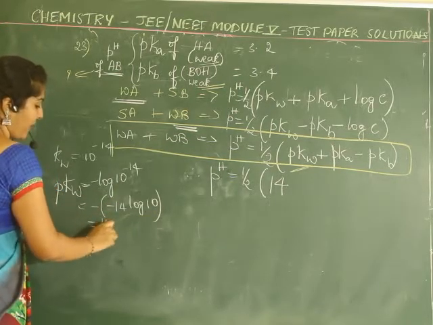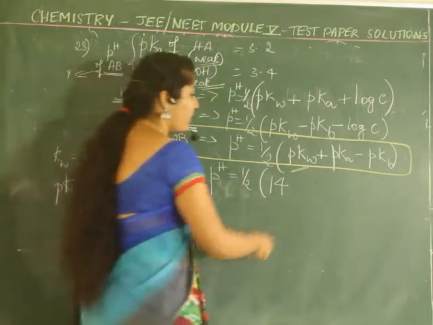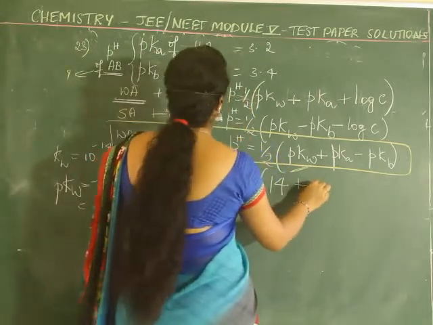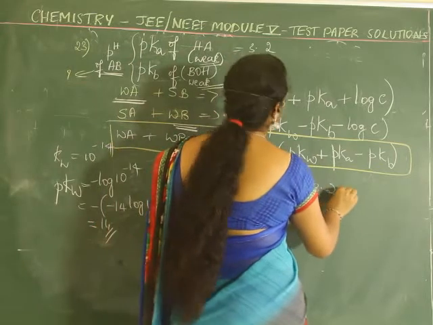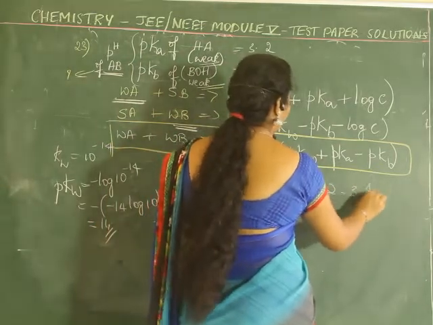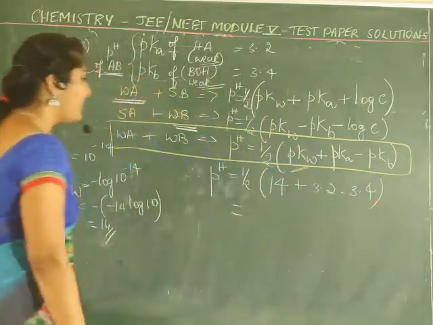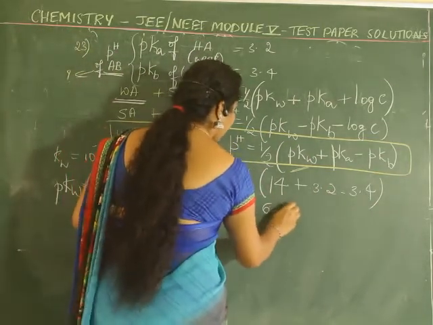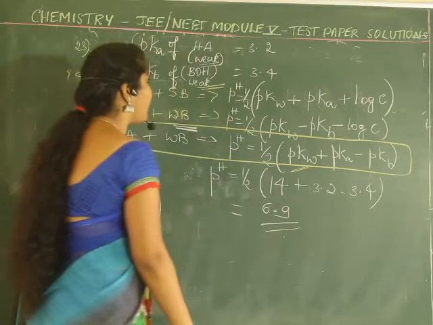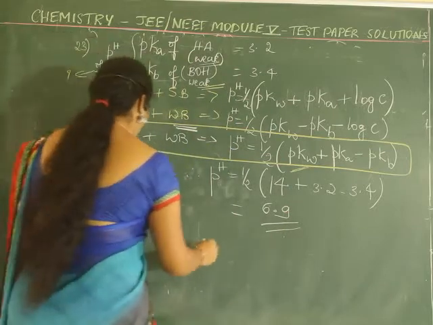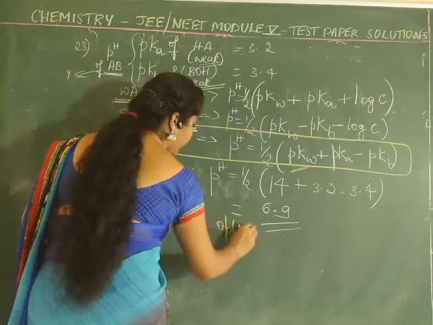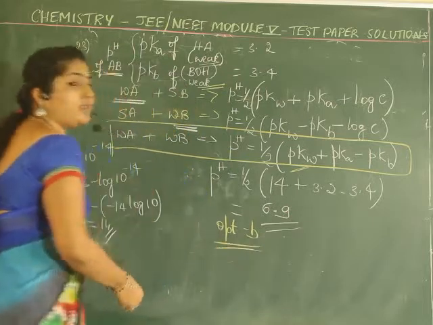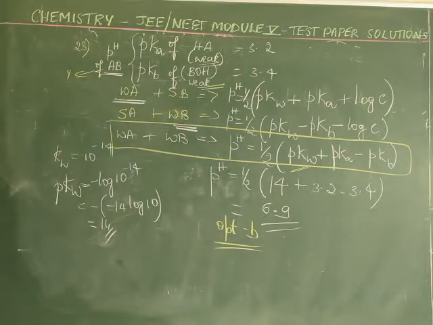So 14. 14 plus pKa is 3.2 minus pKb is 3.4. Just solve this. When you solve this, the answer you get is 6.9, which is the option B. Option B is the right one here.